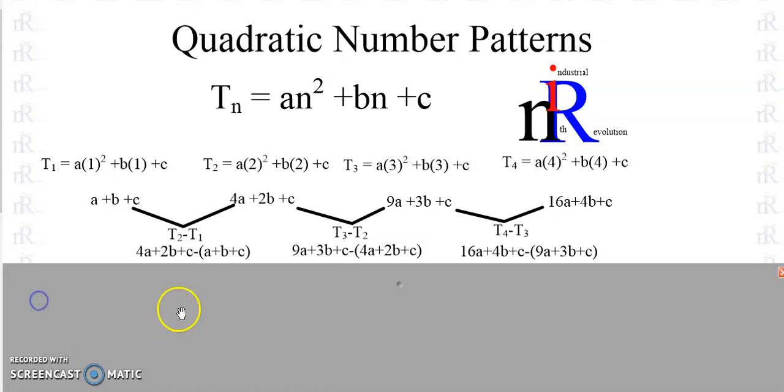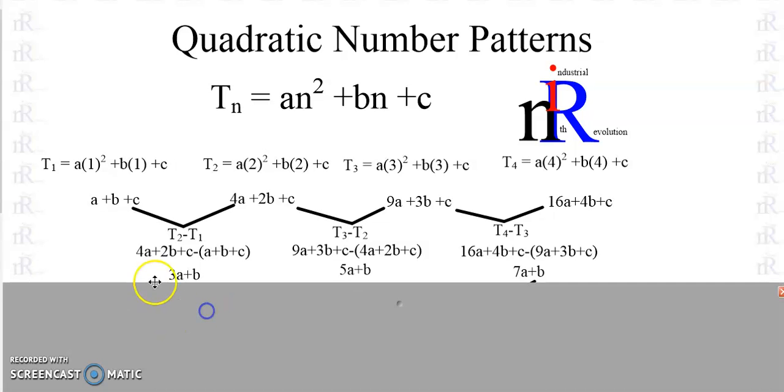And then I get an answer here of 3a plus b. If I take term 3 minus term 2, 9a minus 4a is 5a, 3b minus 2b becomes b. And the fourth term minus the third term, 16a minus 9a is 7a, and 4b minus 3b is b.